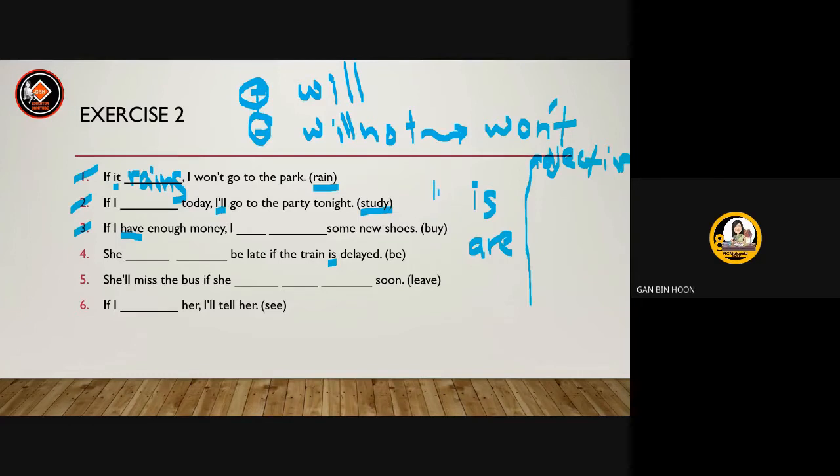For example, he is walk. Is it correct? He is walk? Wrong, right? You must write he walks. So if you say he is walk, okay, ini salah. Because he walks. Okay? So teacher, when I use is and are, digunakan bila ada adjective.